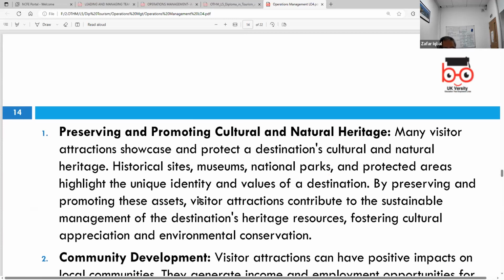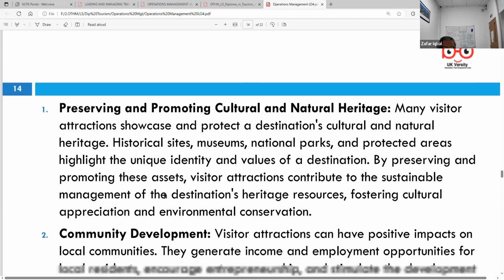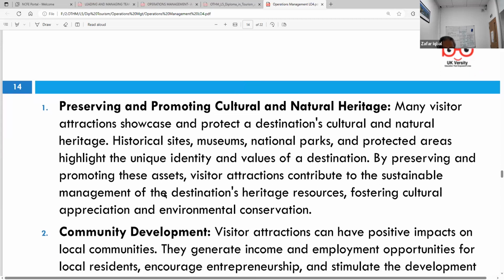They should be highlighted, they should be promoted, they should provide value, they should be preserved, looked after, and continuously maintained. They should be environmentally friendly, for example, make sure that they are sustainable, and that they foster local and cultural appreciation.